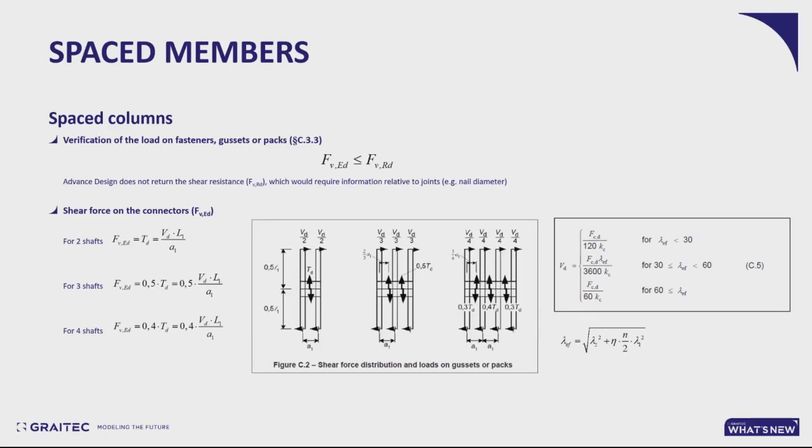But it will return the shear force on the connectors, the Fv force, which depends on the distance between the connectors, the spacing between shafts, and the Vd shear force, which depends on the compression in the column and which is distributed differently depending on whether you have 2 shafts, 3, or even 4.